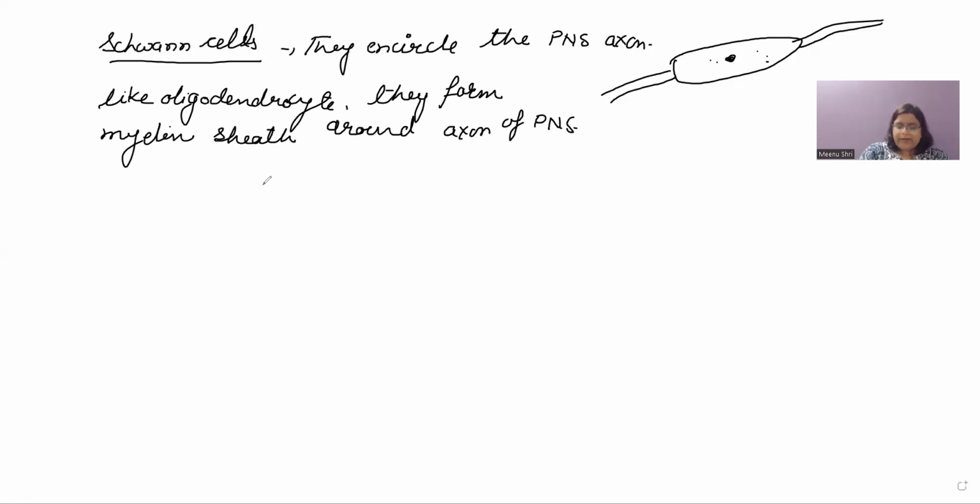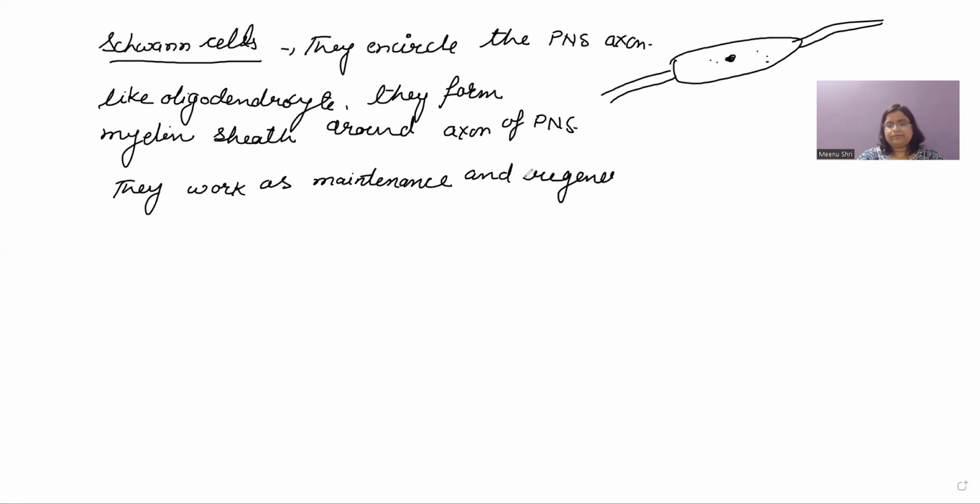Okay, so here the Schwann cells are like that, and what functions are they doing? The first function is that they secrete the myelin sheath, and second, they work as maintenance and regeneration of neurons after injury.